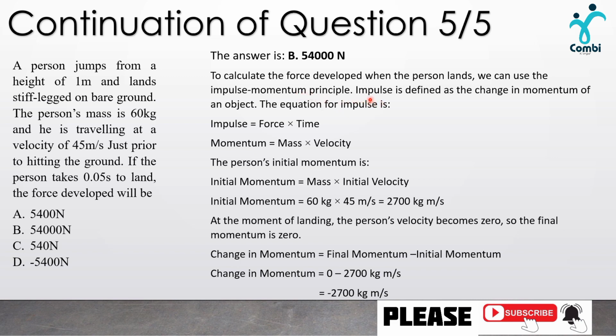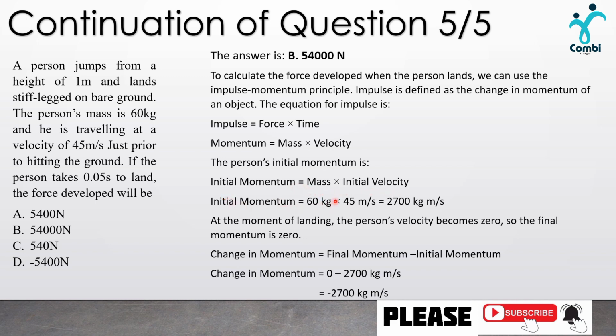The impulse is defined as the change in momentum of an object, right? The equation for impulse is force times time. Impulse equals force times time, and momentum equals mass times velocity. So the person's initial momentum is the mass times the initial velocity.